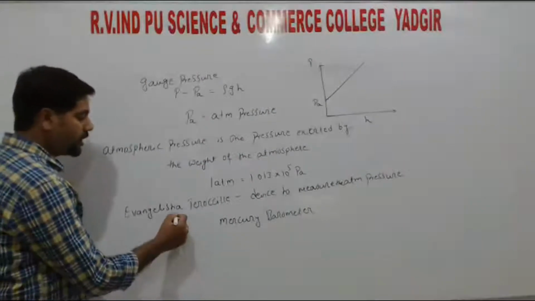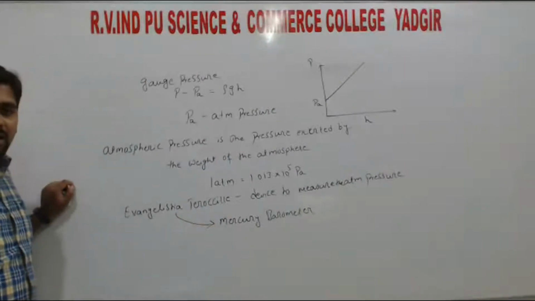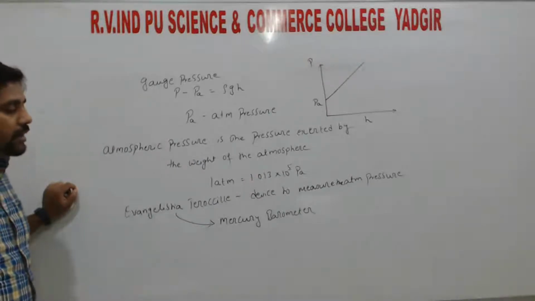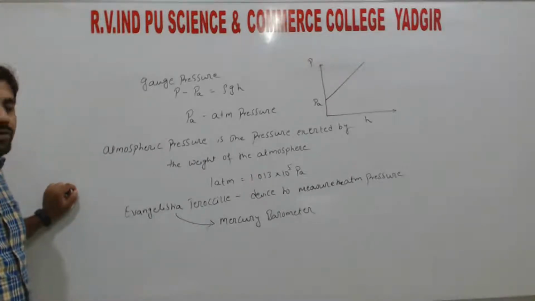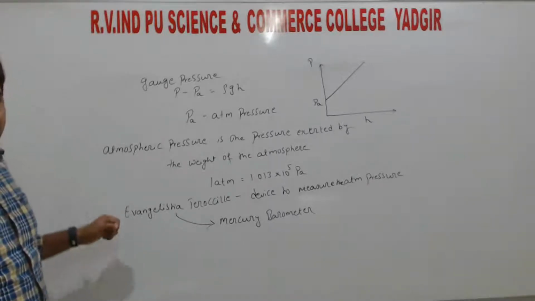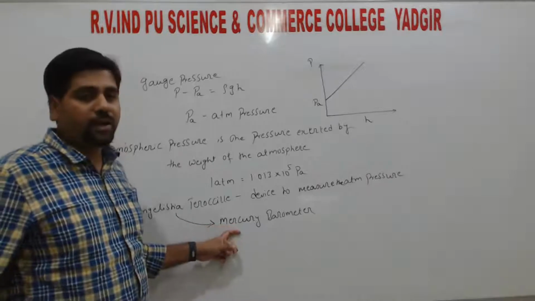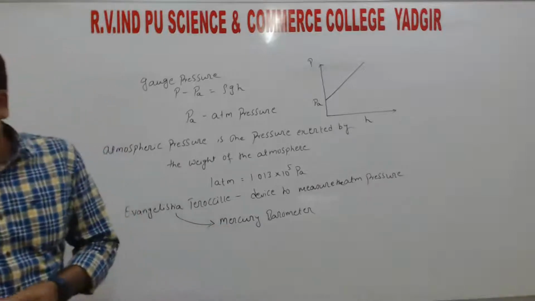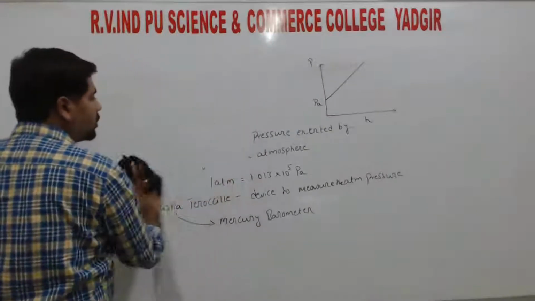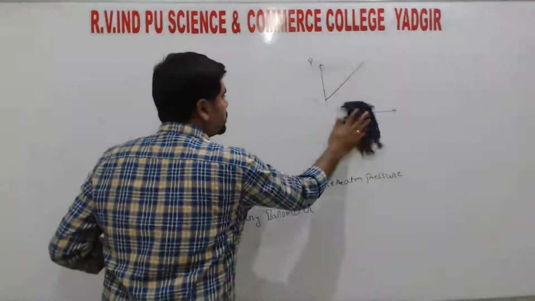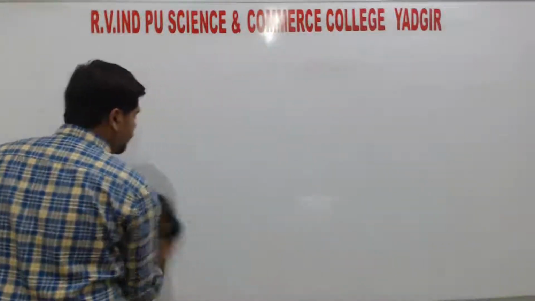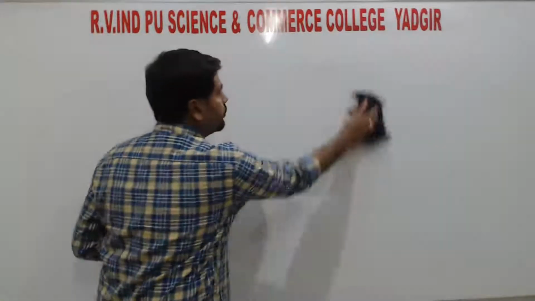It was first invented by Evangelista Torricelli, who determined the value of the atmospheric pressure for the first time. For that he introduced the Mercury Barometer. How he found the value of the atmospheric pressure, we will discuss now, with the Mercury Barometer.